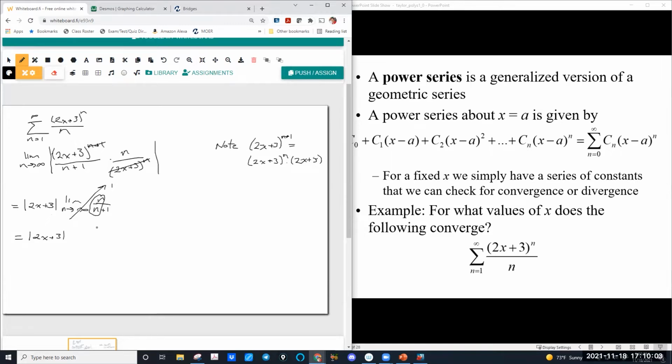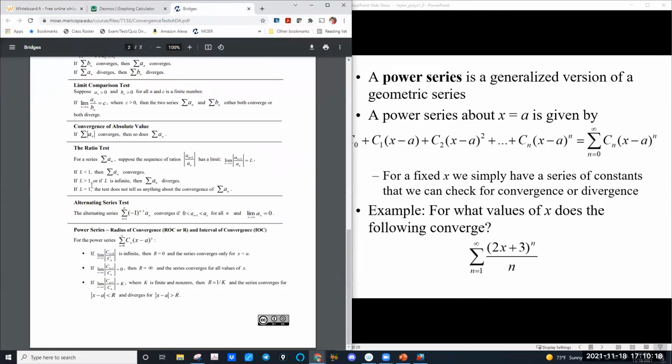Now, with the ratio test in the previous section, what we would do is check to see if that limit, once we took it, was less than 1, greater than 1, or equal to 1, right? We don't do that anymore. We're making the power series converge.